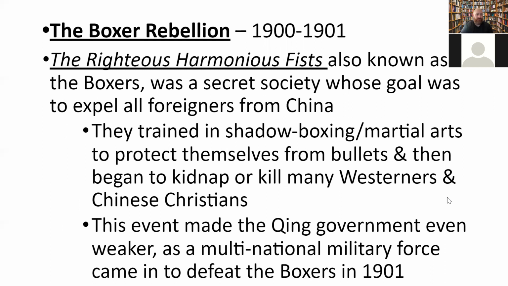Pretty uncool. And then in the desire to force out all foreigners, you have the Righteous and Harmonious Fist, also known as the Boxers, right? They try to push everyone out. And then what that really does is make it even worse for the Qing government, because when we talk about a multinational military force, you have all these countries, Russia, France, England, America, Japan, all these countries that are trading with China that want that trade in there.